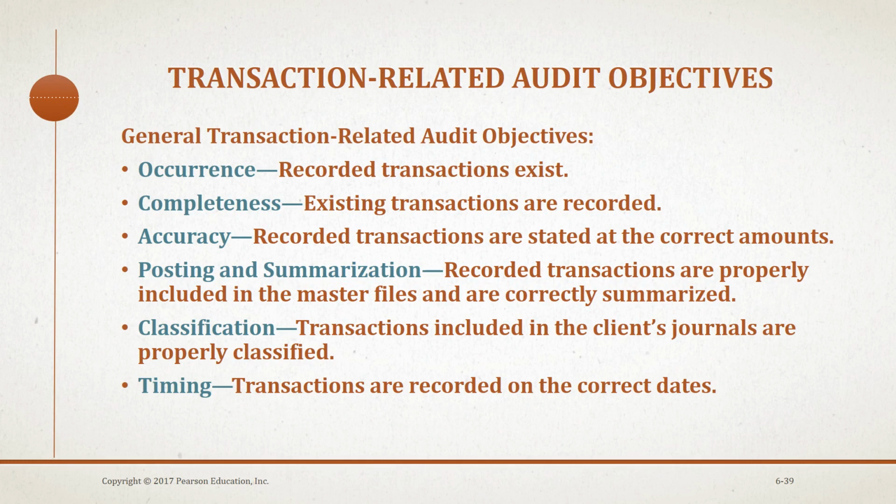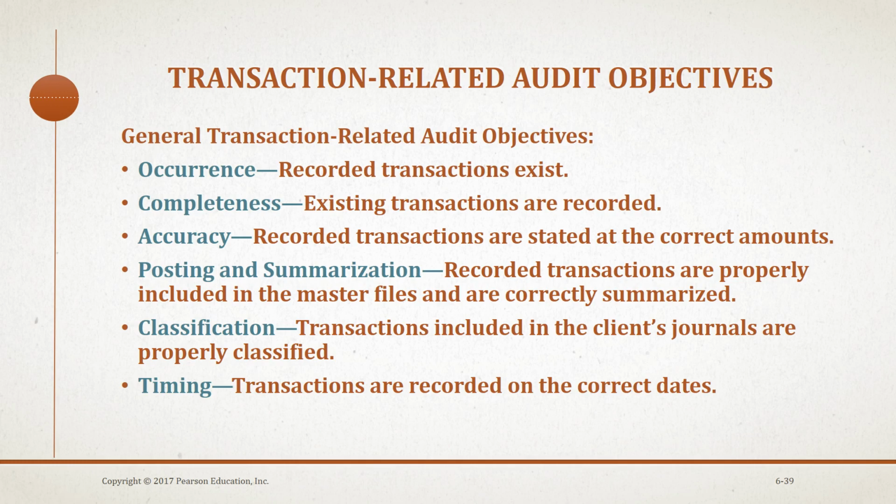So some transaction-related audit objectives that we want to look at as well, as we saw in the previous slides, are occurrence, completeness, accuracy, posting and summarization, which is again just making sure it's being properly recorded and summarized. A lot of people use what's called a batch posting when they do journal entries.